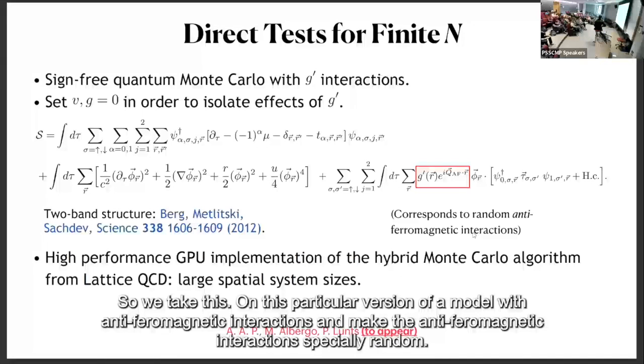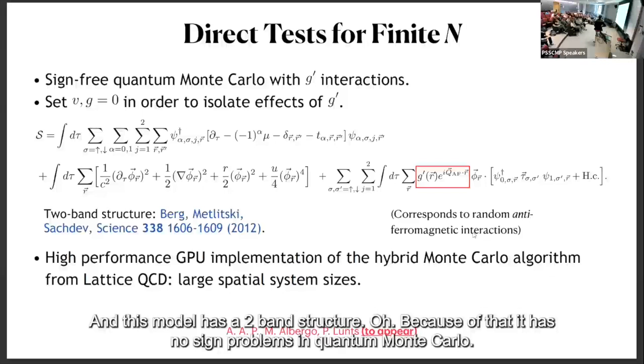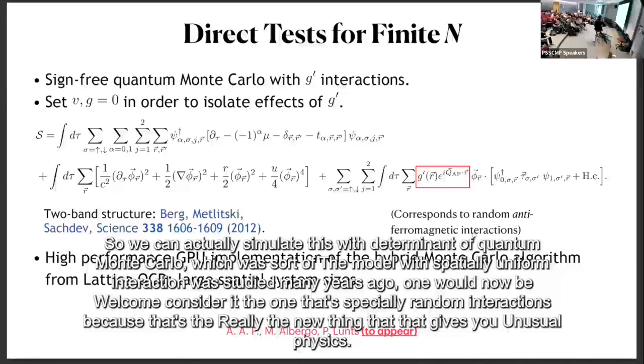We take a particular version of a model with antiferromagnetic interactions and make the antiferromagnetic interactions spatially random. This model has a two-band structure, and because of that, it has no sign problem in quantum Monte Carlo. So we can simulate this with determinantal quantum Monte Carlo.